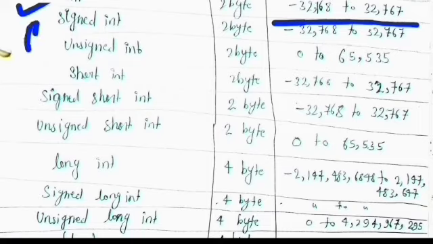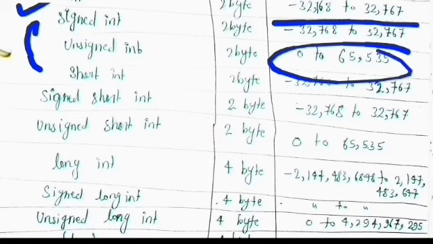It is also of two types, signed and unsigned. In signed we can use both positive and negative integer ranges, but in unsigned we can use only the positive integer range. It is another type, like short integer and unsigned short integer.